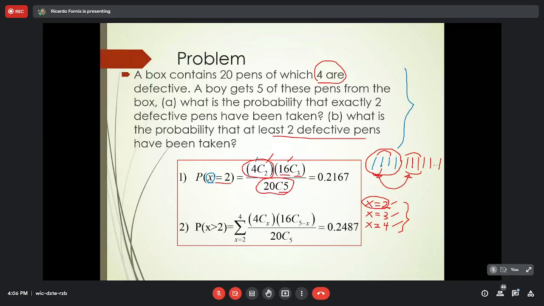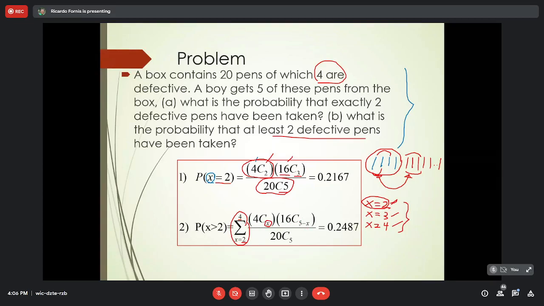So you add them. When you add, you use the word summation. Then with the help of your calculator, you just say 4 combined x, where x varies from 2 to 4, multiplied by 16 combined 5 minus x.